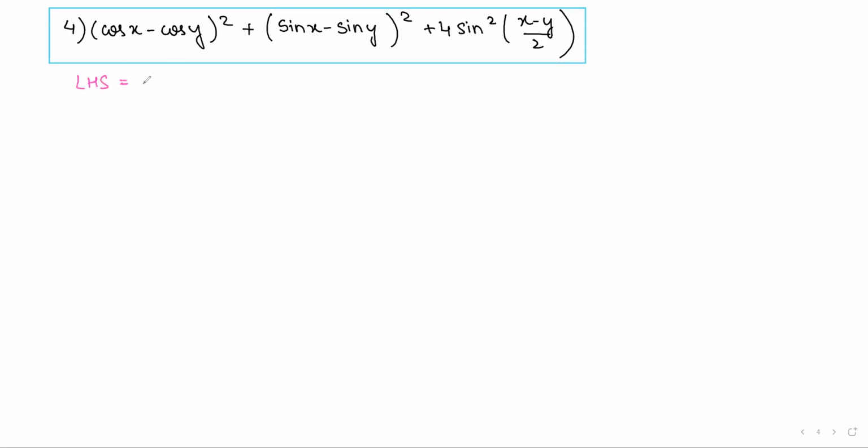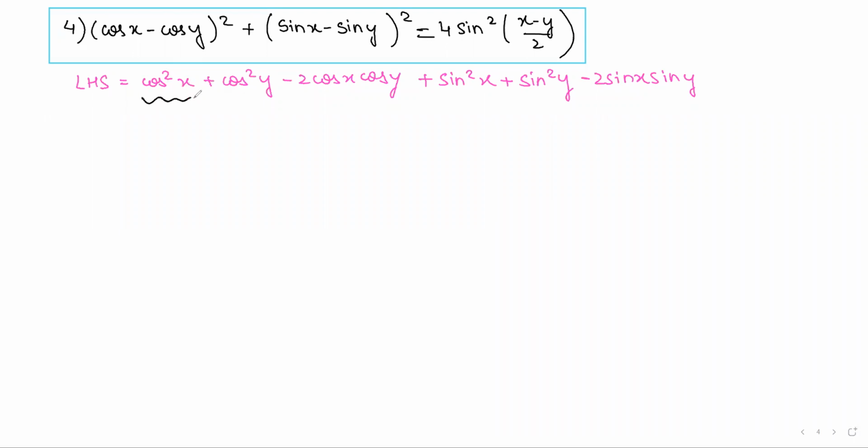So your LHS will be equals to cos square x plus cos square y minus 2 cos x, again this will be equal to plus sine square x plus sine square y minus 2 sine x sine y. But this value is supposed to be equal to this. This is your LHS, and you're supposed to prove this equal to 4 sine square the angle.